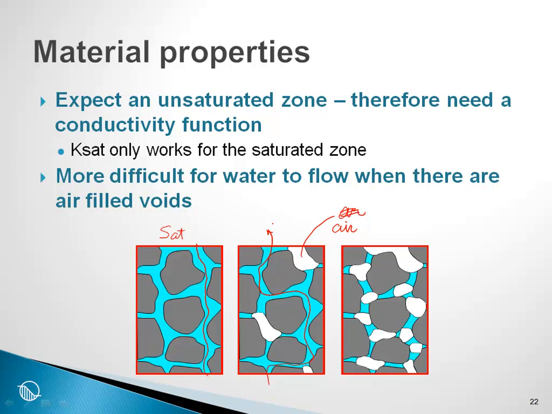There comes a point when there is so much air in the sample that the water is not continuous. There is no liquid water path through this sample. And as a result, liquid water cannot flow through this condition. And when we reach the point where there is no path of continuous liquid water, we say we have reached the residual water content.